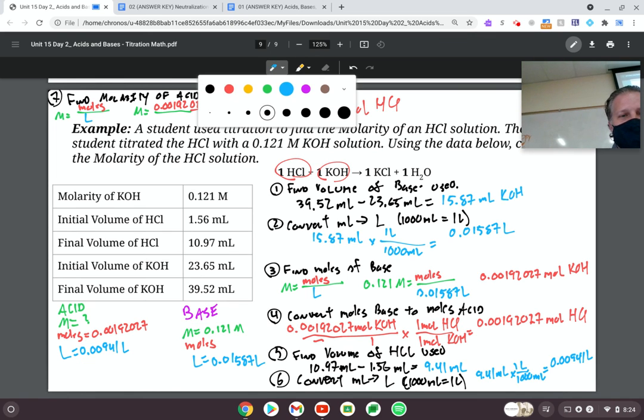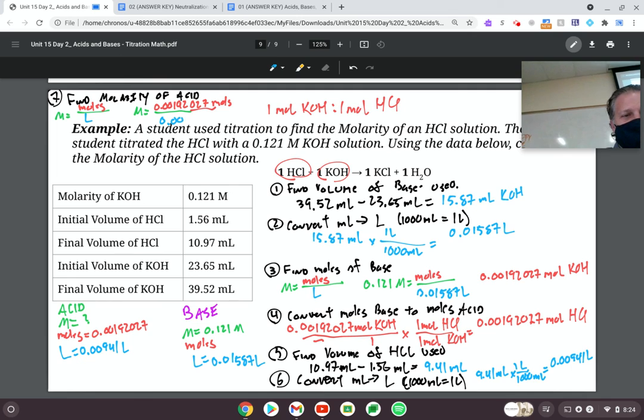And we found the volume to be 0.00941 liters. And so when we calculate all that out, we get a concentration, and I'm going to move this over and rewrite that.